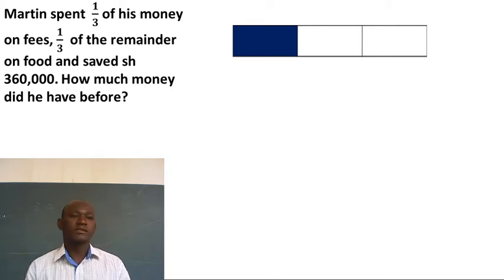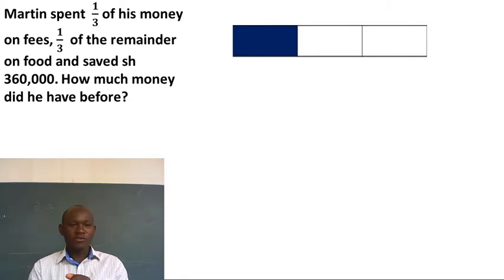The next question is: Martin spent a third of his money on fees, a third of the remainder on food, and saved 360,000 shillings. How much money did he have before? Now, in this question, we have a combination of items to be handled.